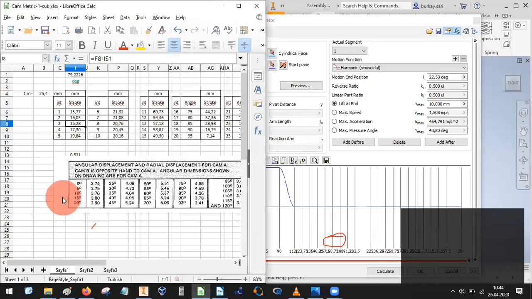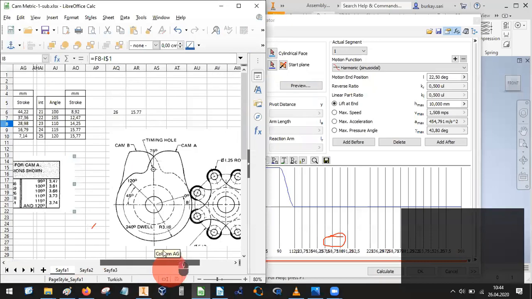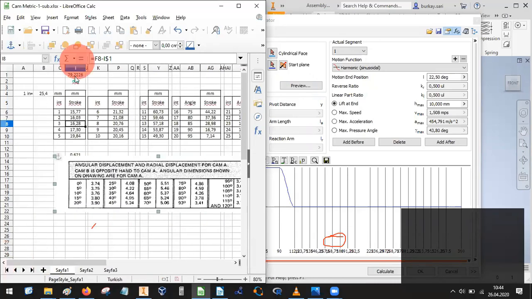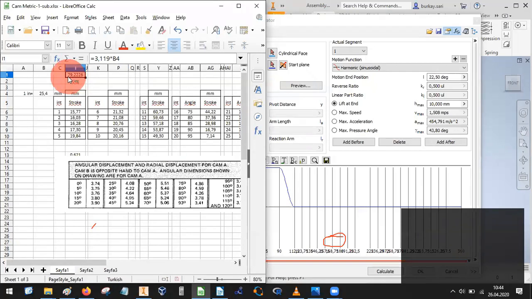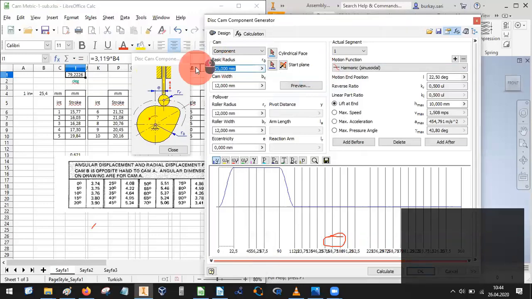In our example, our R0 is our base circle here, which is 3.119. And in our example, our base circle is around 7.222. I will change this radius to metric units.